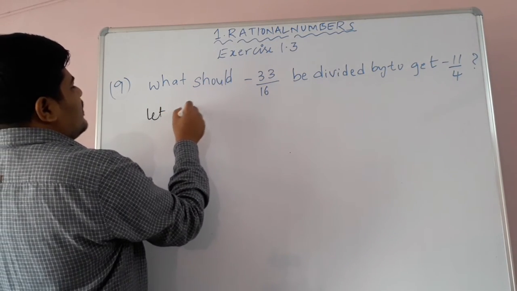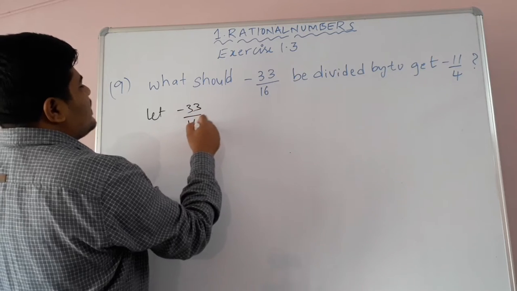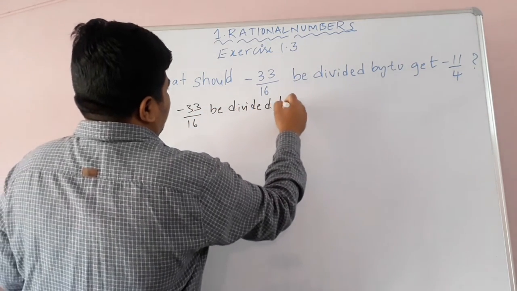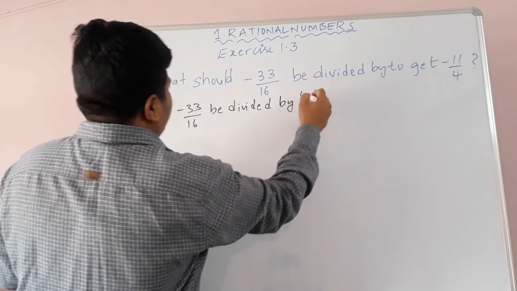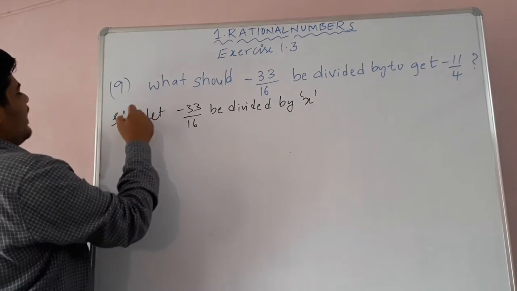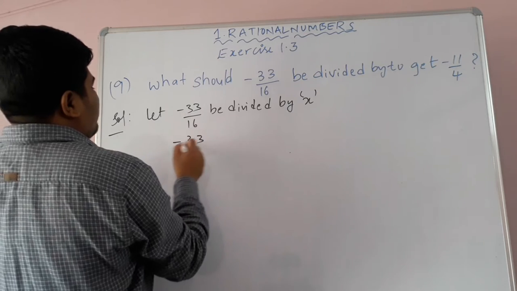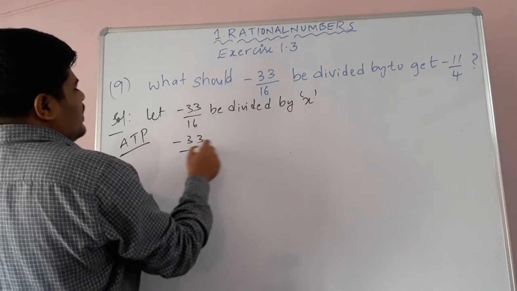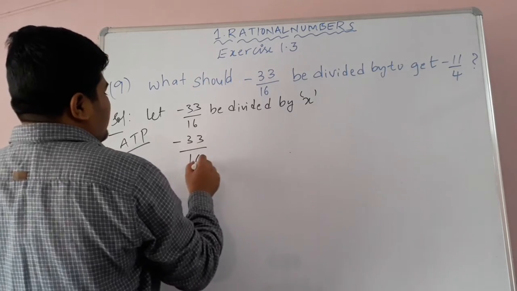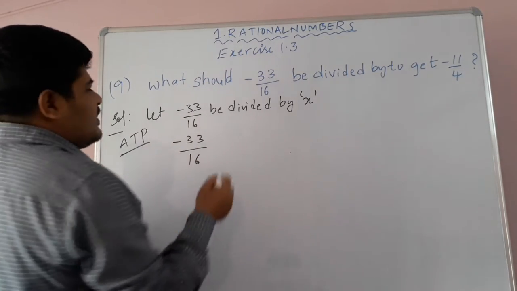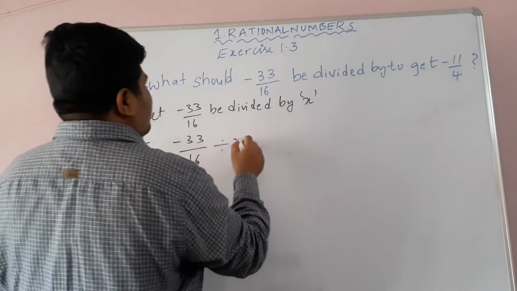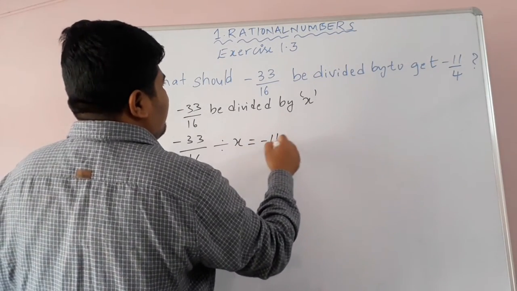Let minus 33/16 be divided by x. According to the problem, minus 33/16 divided by x, and the answer should be minus 11/4.